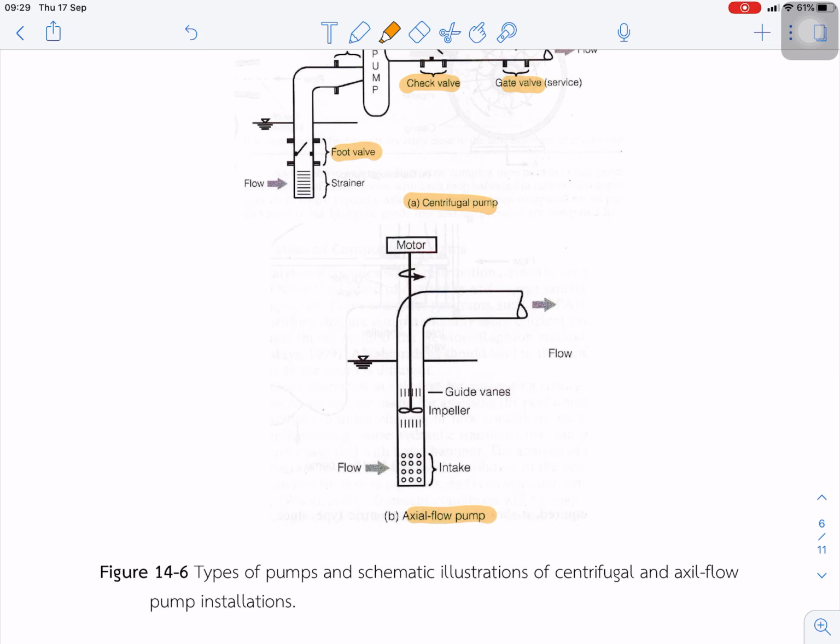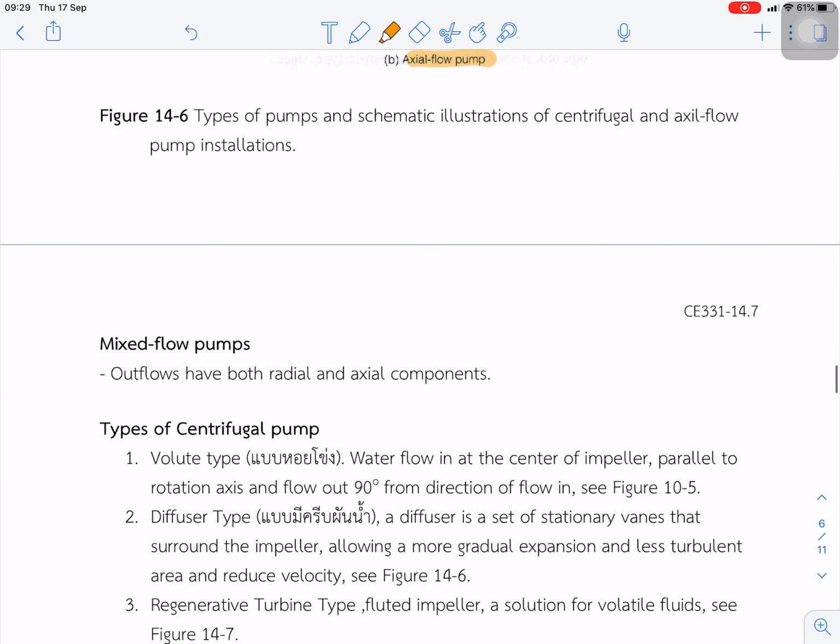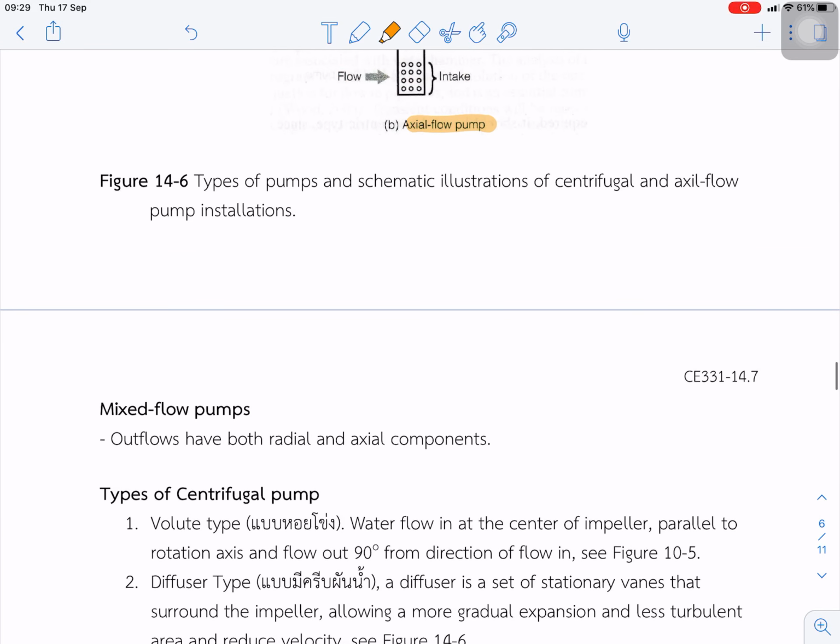The impeller is at the bottom, the motor is on top, and the flow is parallel to the axis. And for the mixed flow pump, the outflow has both radial and axial components.